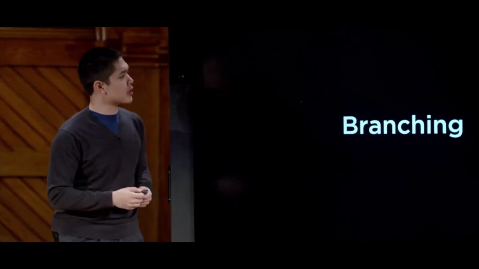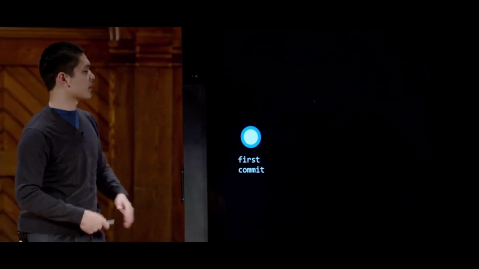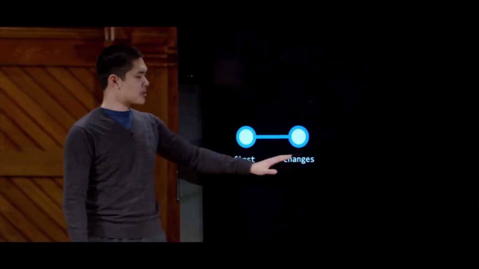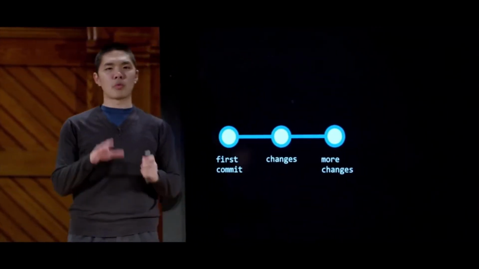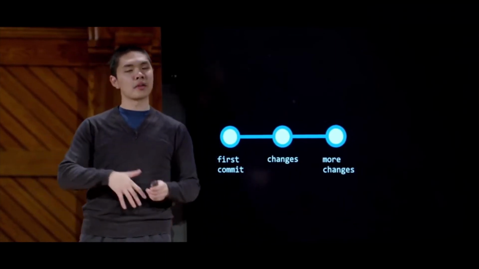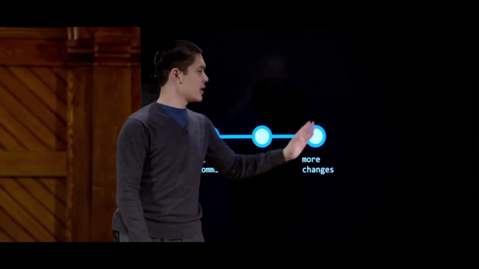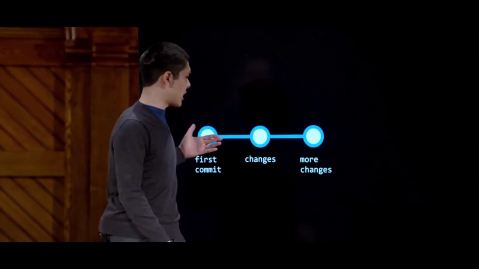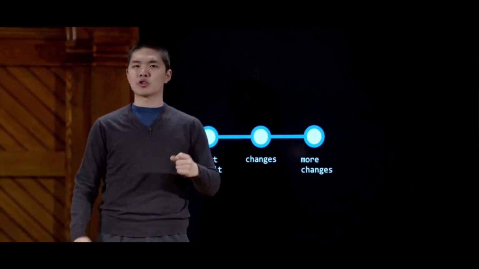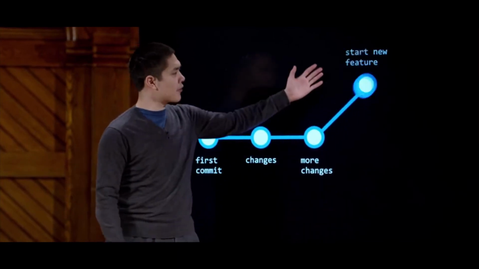And so you might imagine a situation unfolding more along these lines. You make your first commit, you start to make changes, you make more changes, and when you decide that you'd like to start working on a new feature, for example, rather than keep making changes one after another on this same branch, so to speak, I can create a new branch. I can branch off and say, you know what?